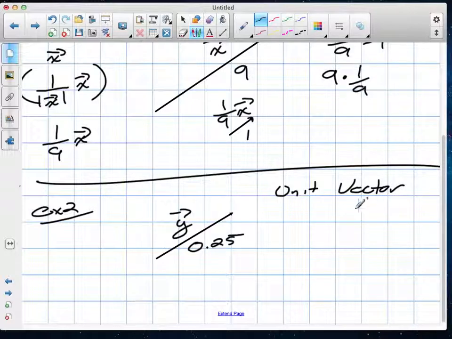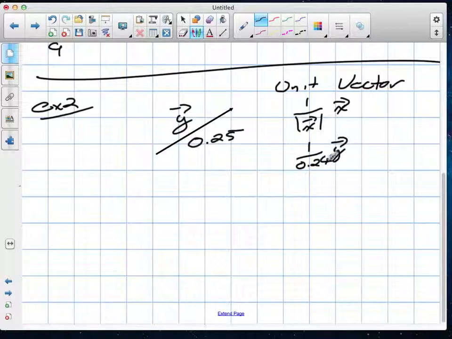Well, in order to make this a unit vector, we have to follow our rule of 1 over the absolute value of the vector times the vector, but in this case it's vector y, right? Well, the absolute value of this is 0.25, okay? So that's 1 over 0.25 times vector y in this case.